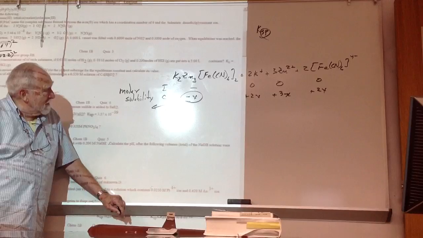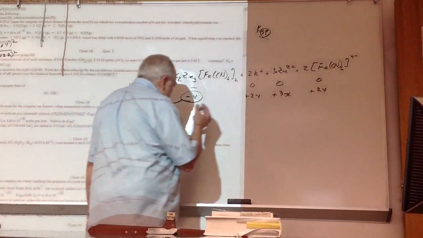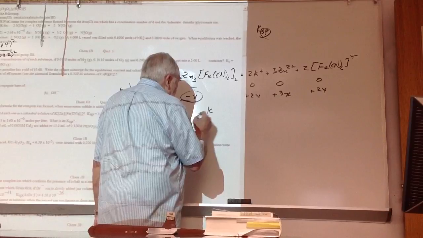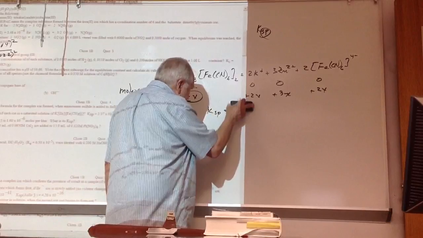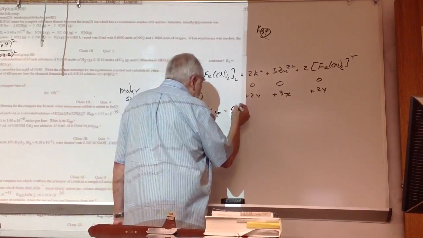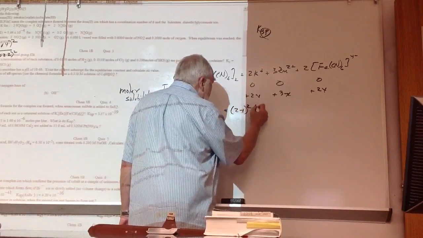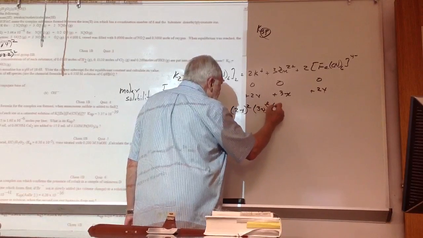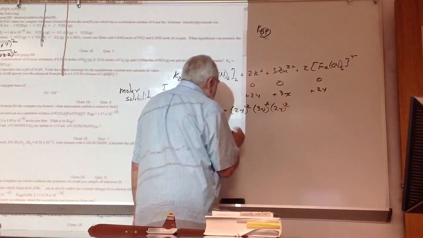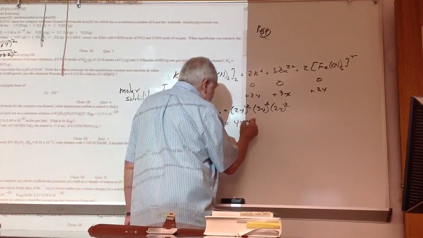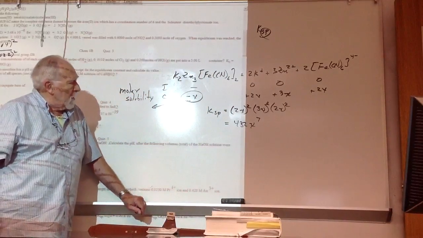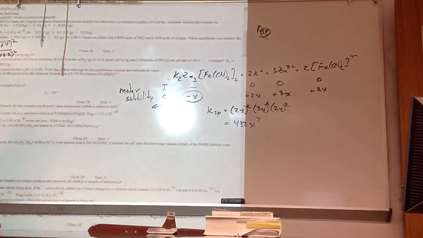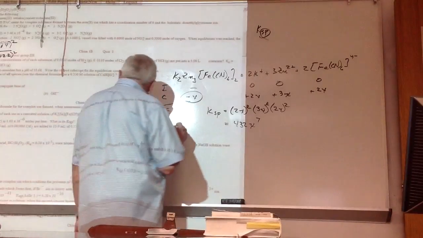I got through this and set up the problem, KSP, no square brackets anymore. And we already saw this was 432 x to the 7th. This problem you're given KSP, you want all the concentrations. So now you divide by 432 and take the 7th root.